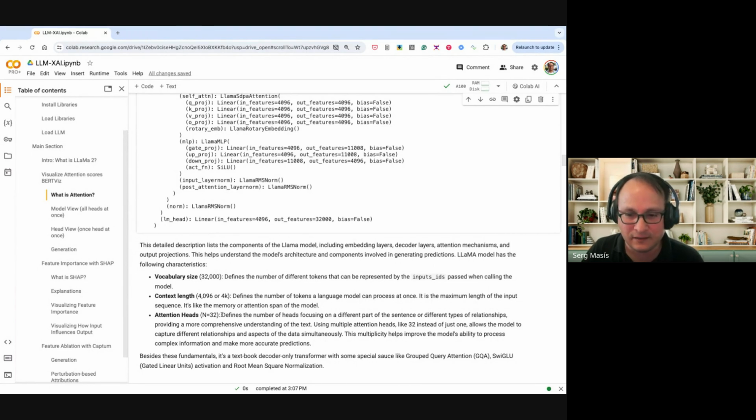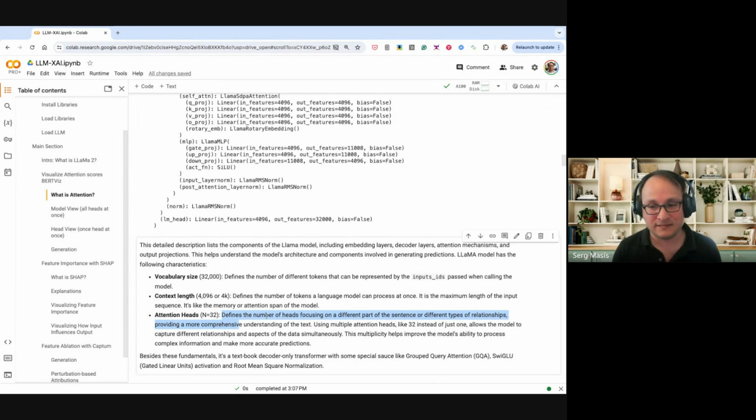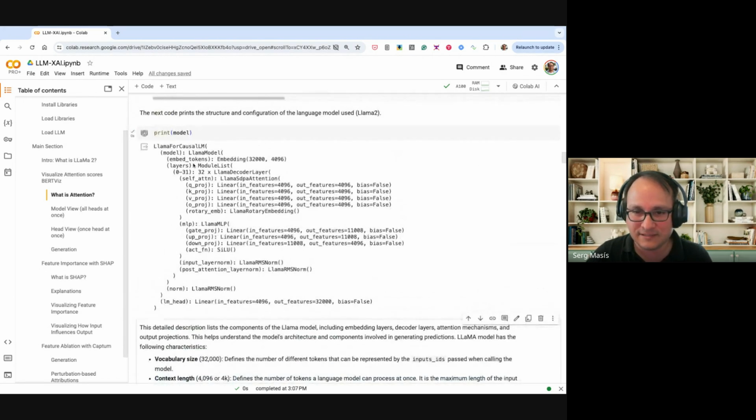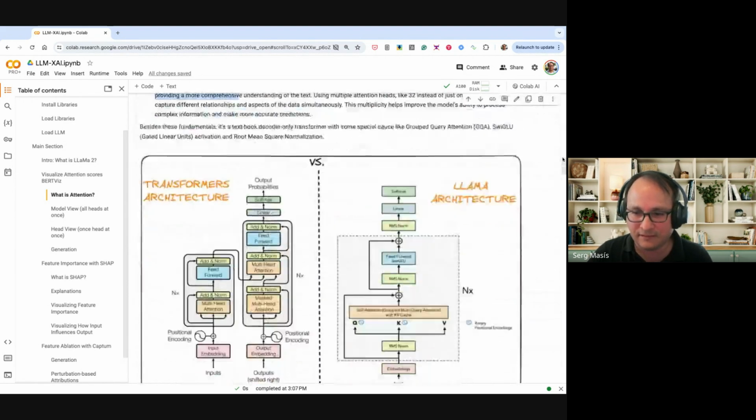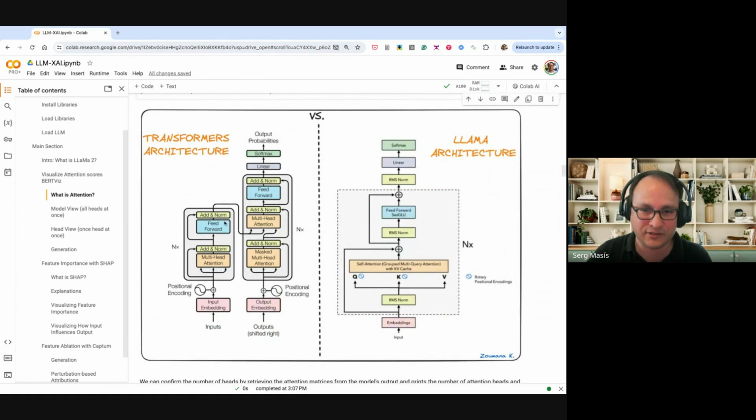And then attention, hence, defines a number of heads focusing on different parts of the sentence or different types of relationship. And it provides a very comprehensive understanding. And you can see that here. These are the attention heads. So if we look at this, this is the traditional transformer architecture in the very first paper. You've got the encoder and decoder.